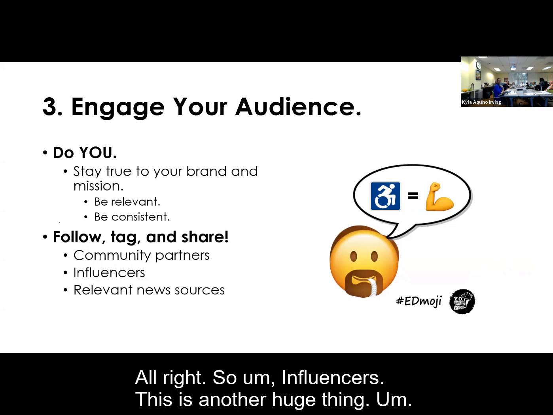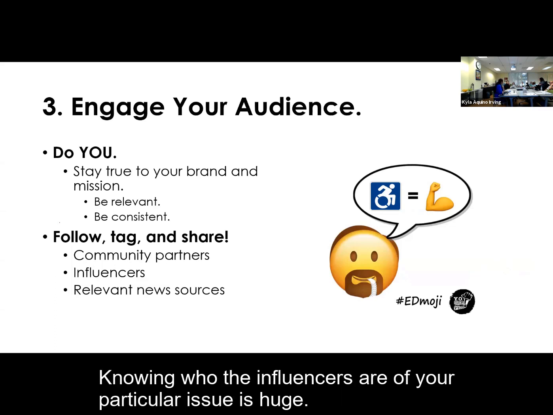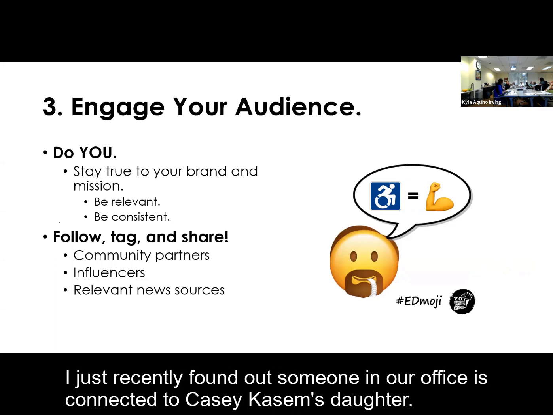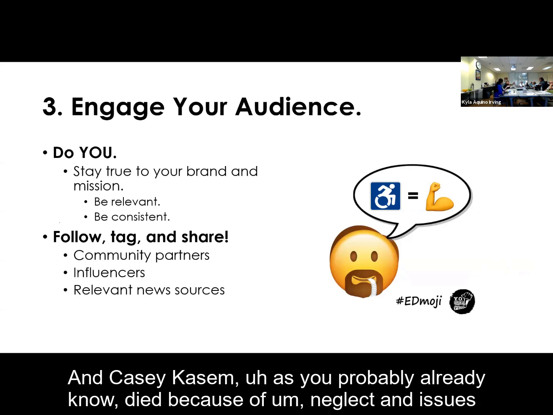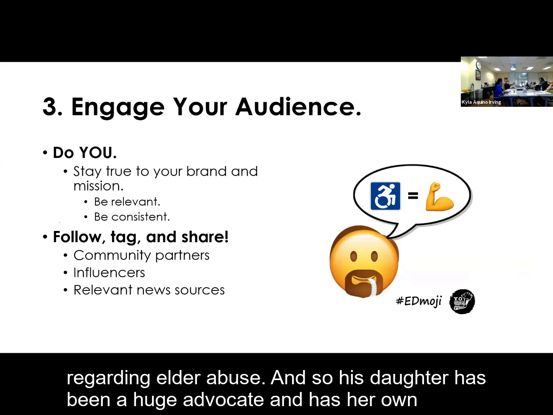All right, so influencers. This is another huge thing. Knowing who the influencers are of your particular issue is huge. I just recently found out someone in our office is connected to Casey Kasem's daughter. Casey Kasem, as you probably already know, died because of neglect and issues regarding elder abuse.